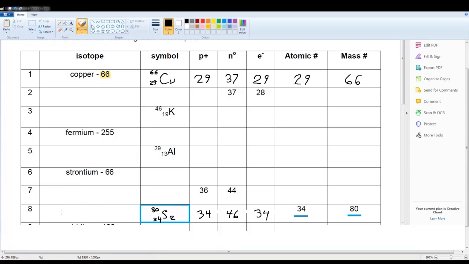That would just be called selenium 80. Excellent, you're absolutely right. Well done.